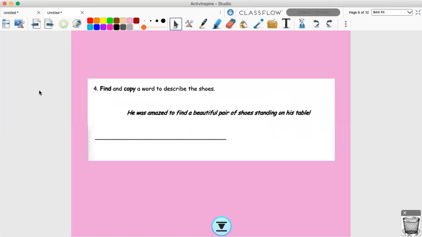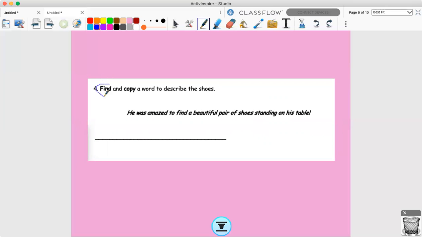Okay, moving on to question 4. This is a little bit different this time. You need to find and copy a word to describe the shoes. Again, we've got bold text here, so that's taken straight from the story. And it says, he was amazed to find a beautiful pair of shoes standing on his table. Now, there's 2 parts to this question.